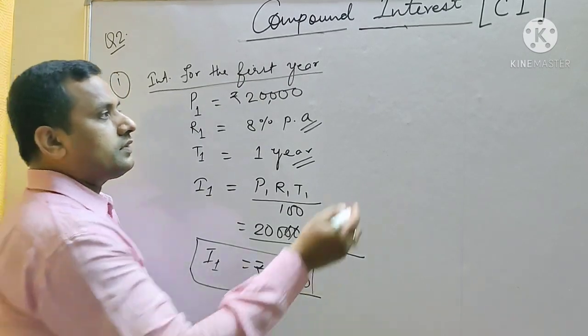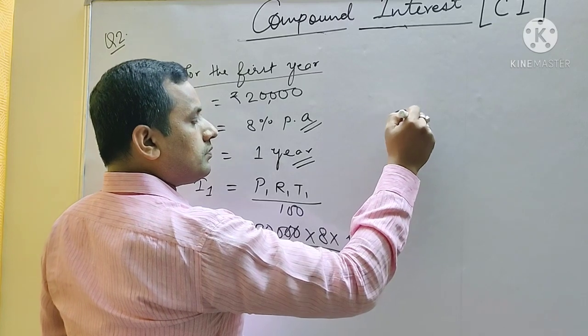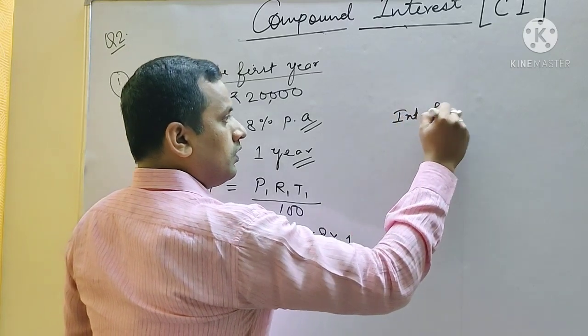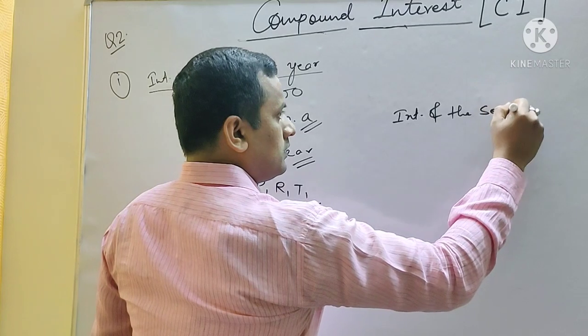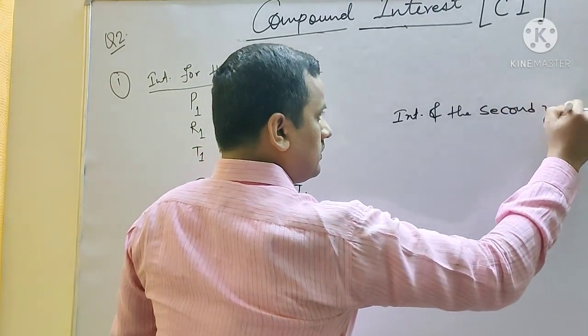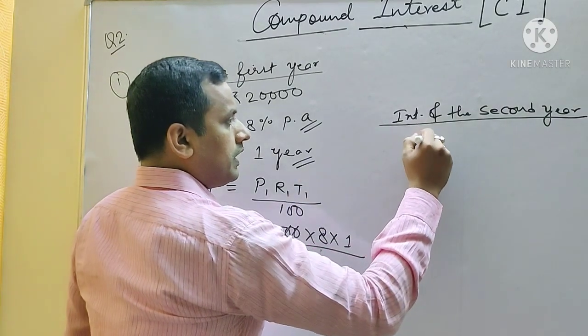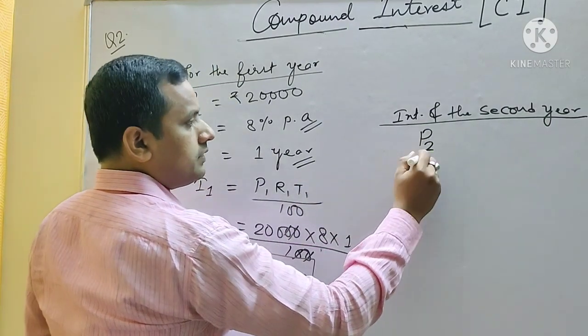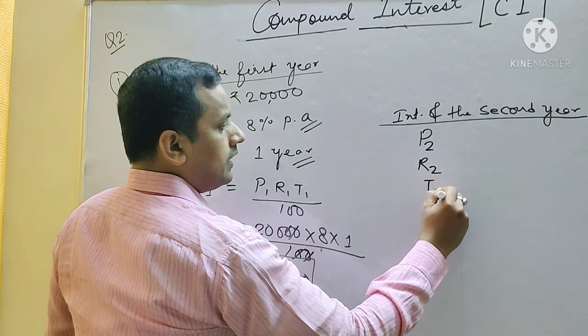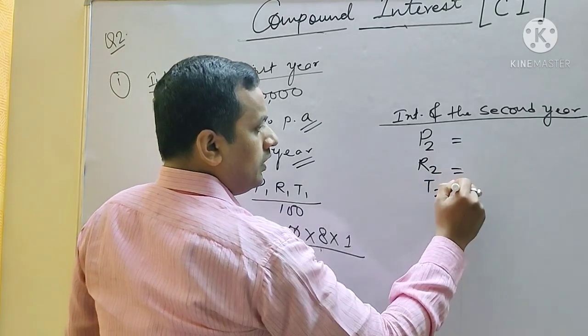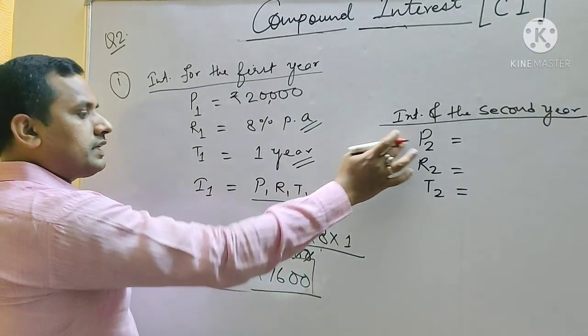Now the second part is asking for the interest of the second year. To calculate the interest of the second year, we should have principal, rate and time of the second year. But this principal of the second year is not known.